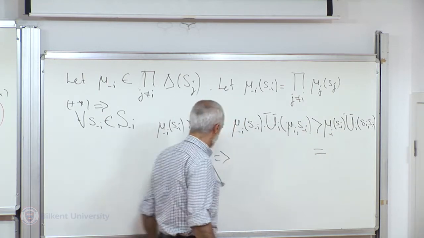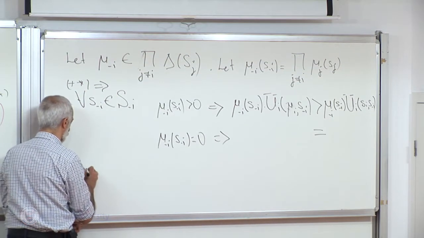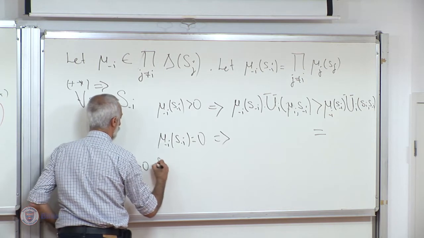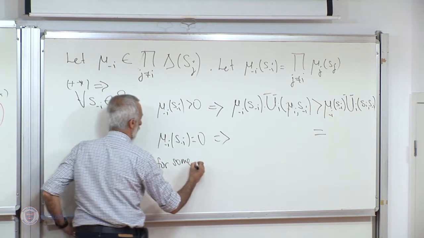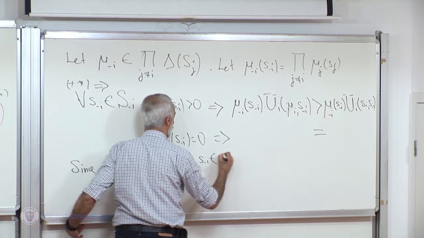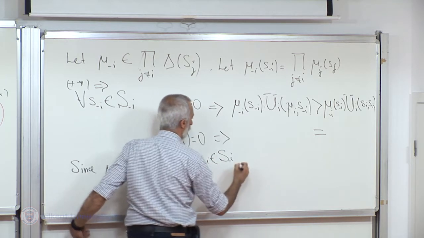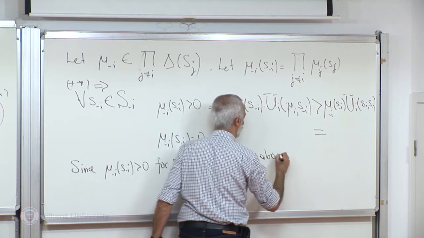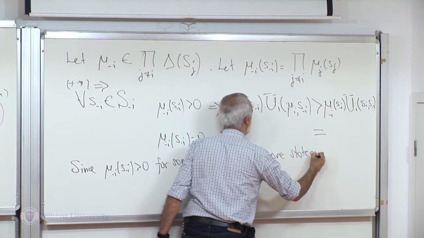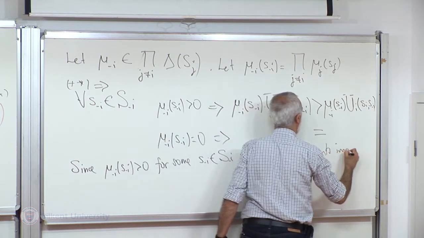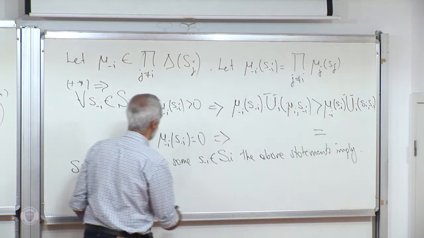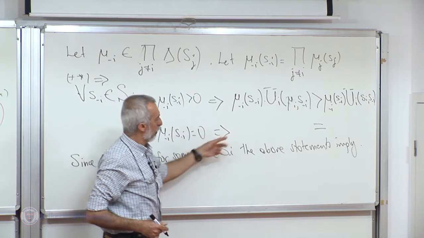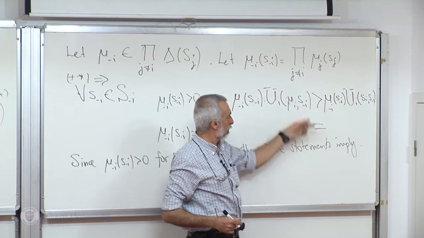Since mu minus I, S minus I is positive for some S minus I in capital S minus I, the above statements imply, as your friend said, it's either positive or equal to 0. So we either have terms like this or terms like this. Add them up.